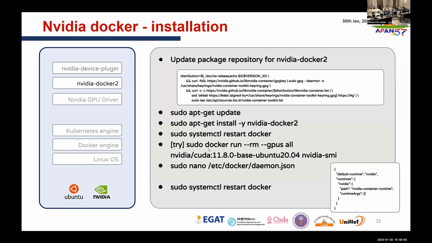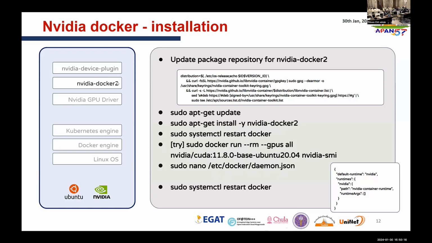After that, you can test by running the simplest image, which is NVIDIA CUDA, to check that your Docker is connected to the GPU. That's it. Now your Docker engine is able to connect to NVIDIA.